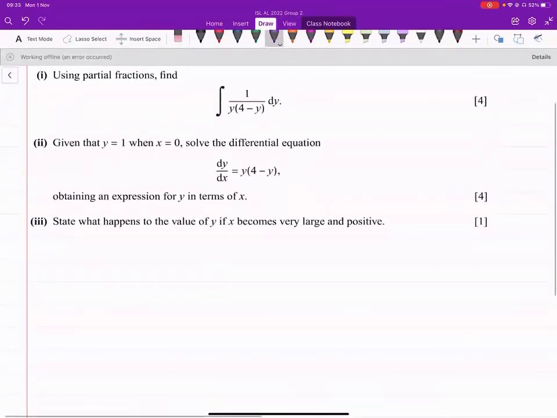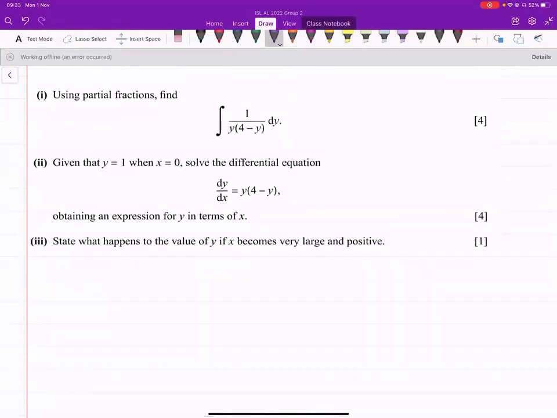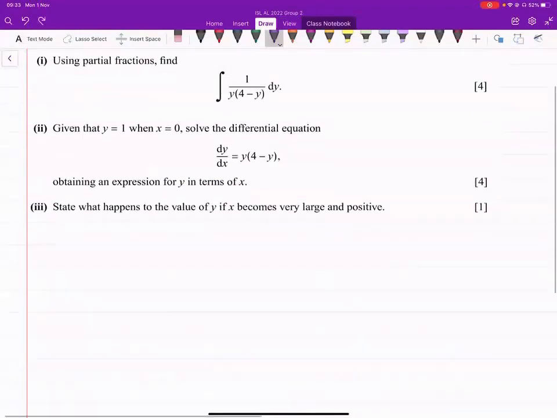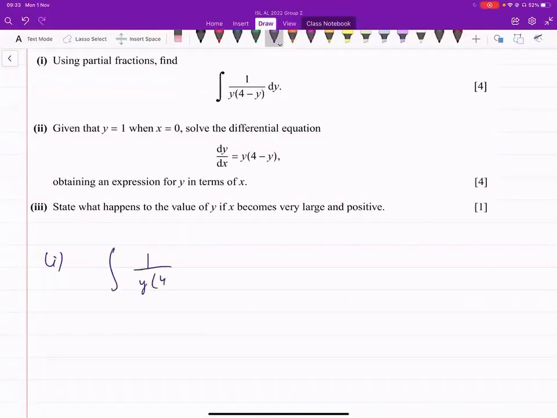Okay, let's look at this. So in the first part, we have to use partial fractions to find this integral. ठीक है? ये आपने निकाल लिया first part में? What do we get? अच्छा, let's actually do this. 1 over y into 4 minus y dy. How do you integrate it?